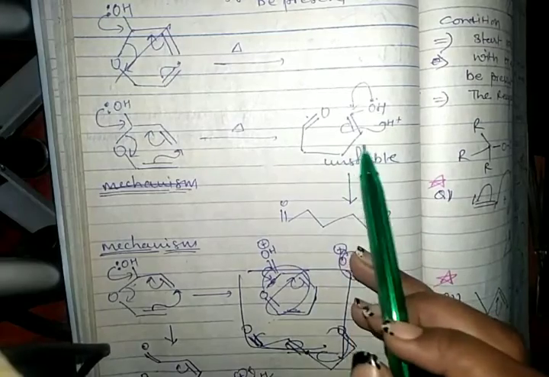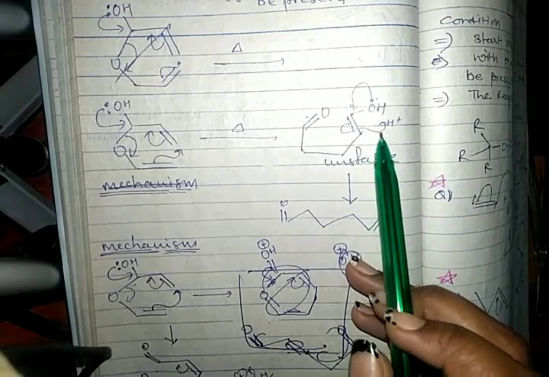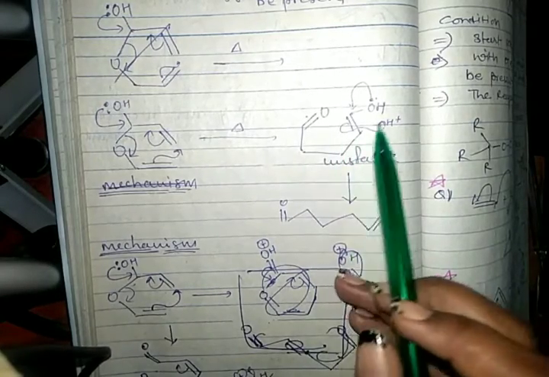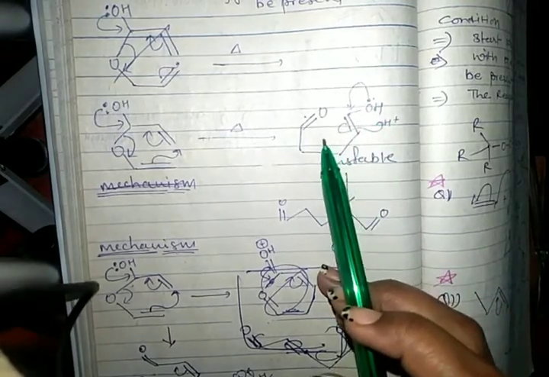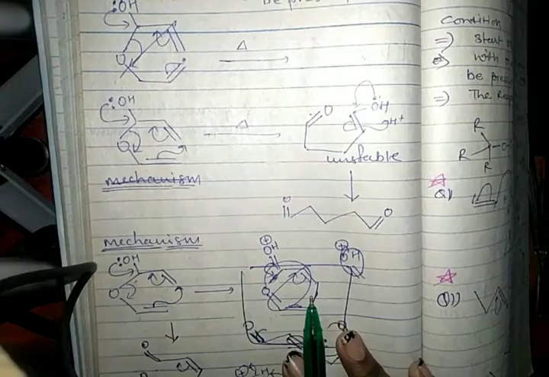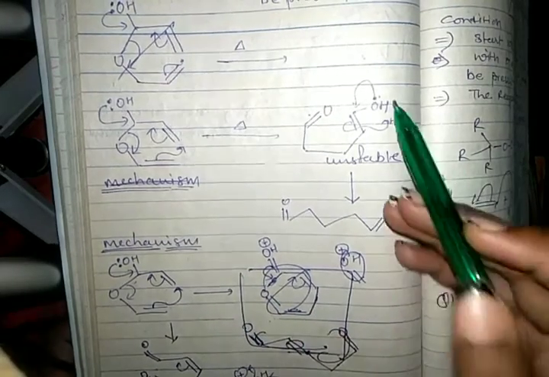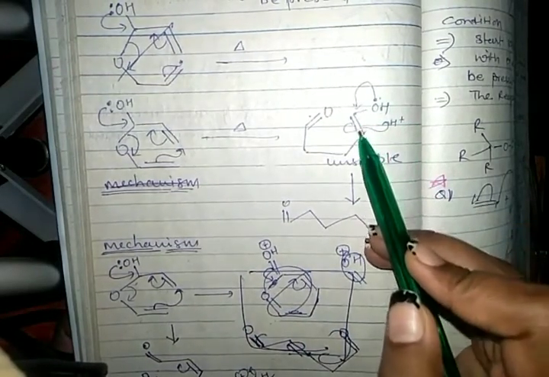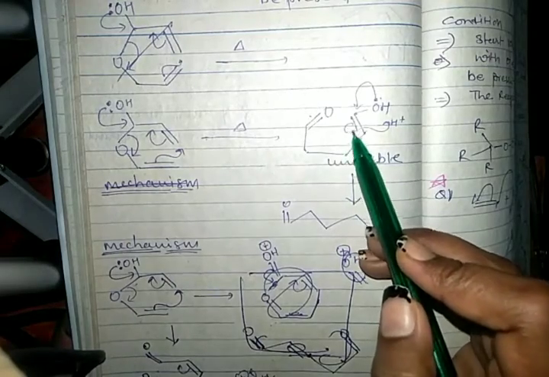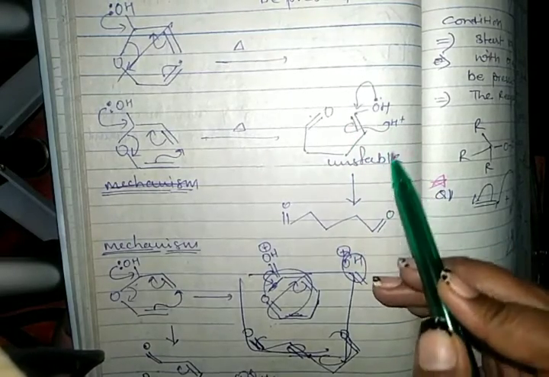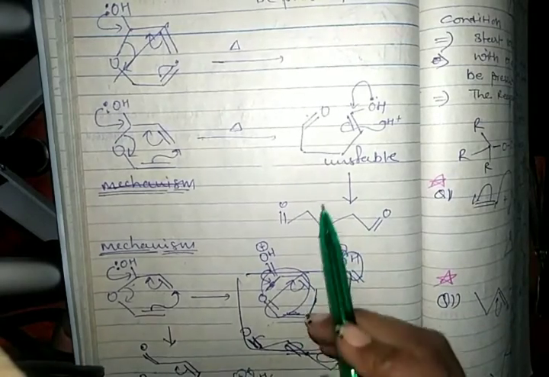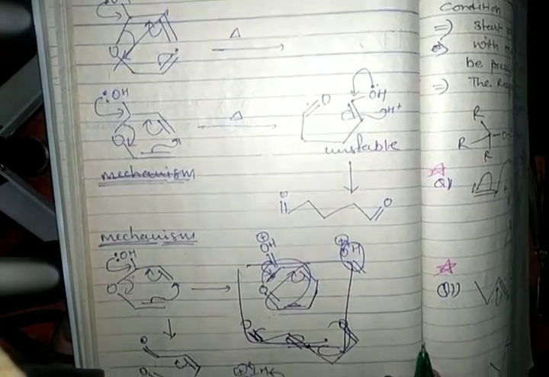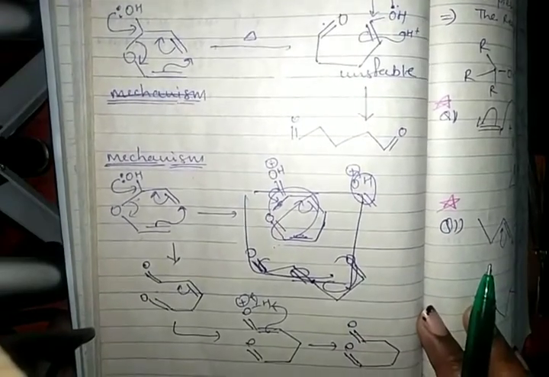This is our first product, which is very unstable, and then in another step lone pair of oxygen attacks, and this pi bond takes one hydrogen and makes a stable compound. So this is our last product. This is the whole mechanism of this reaction.